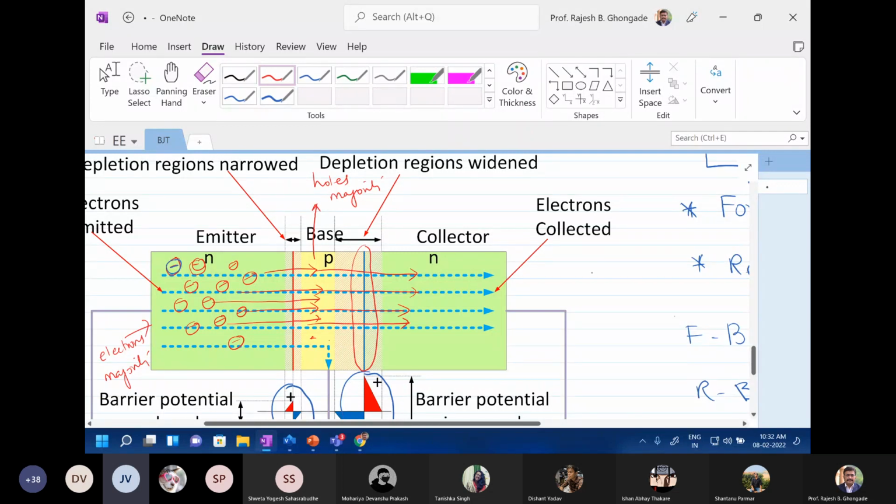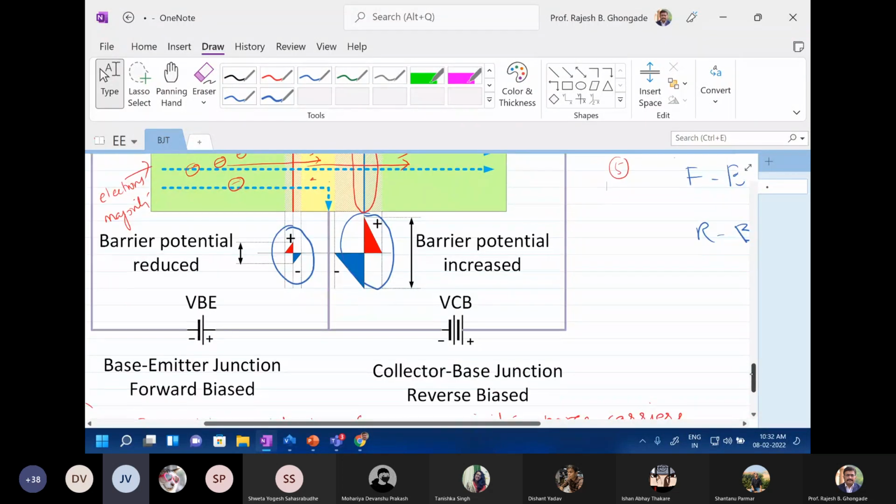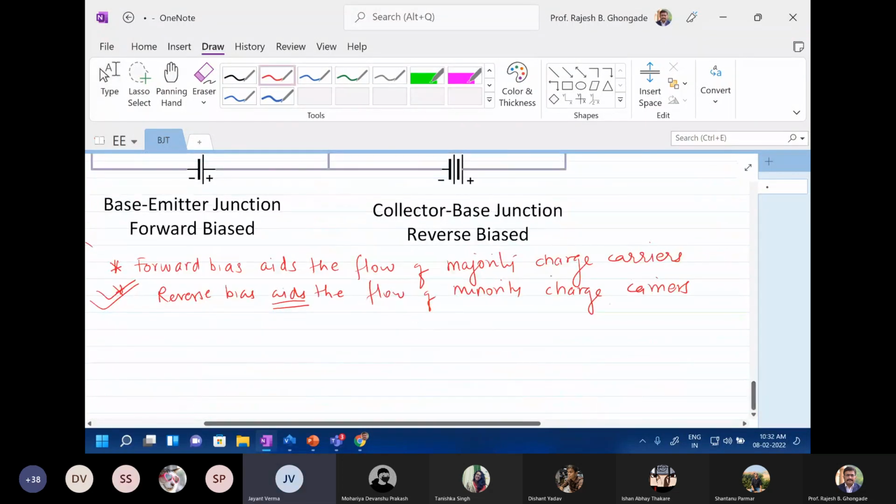Okay? So समझो 100 electrons emit हो गए तो उसमें से 95 electrons ही सिर्फ collector में आ पाएंगे. बाकी 5 इलेक्ट्रॉन जो है वो बेस के होल्स के साथ रिकम्बाइन हो जाएंगे. ठीक है? समझ में आया? Yes, sir. This is the transistor action. Please remember this.